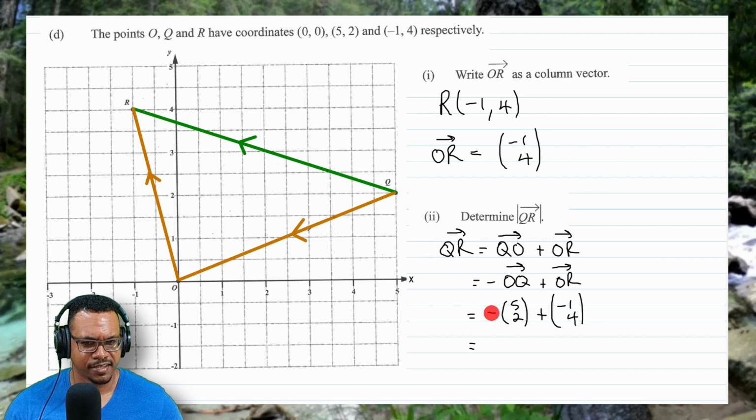Multiplying negative sign by the 5 and by the 2, we have negative 5 and negative 2, plus negative 1 and 4.